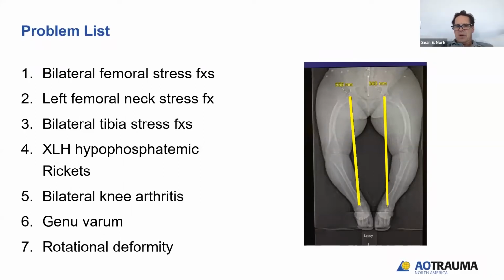So I think one of the critical things when there's a stress fracture with associated deformity is that it is foolhardy to think that you can get a stress fracture to heal without correcting the mechanical axis of the extremity.